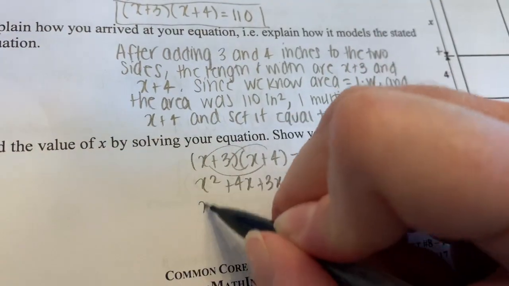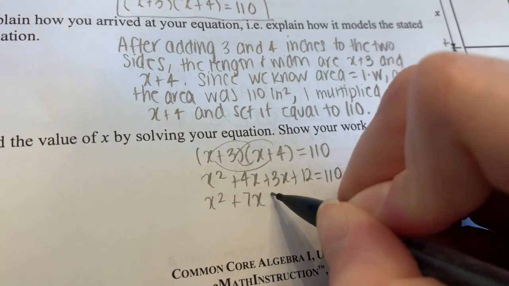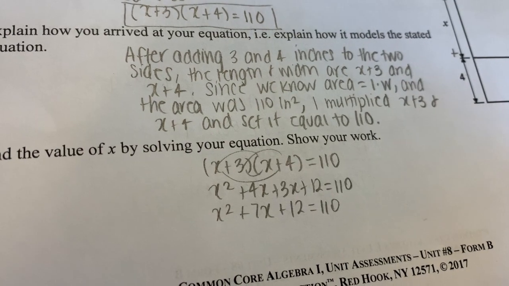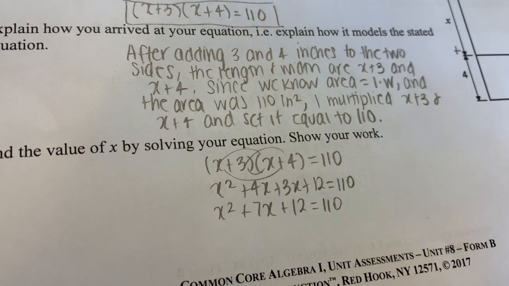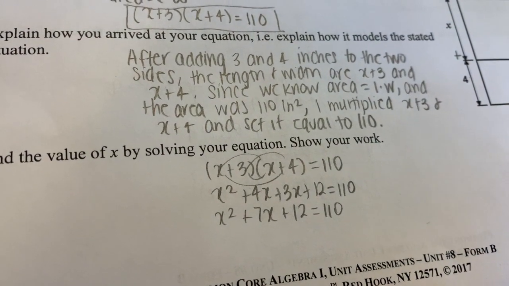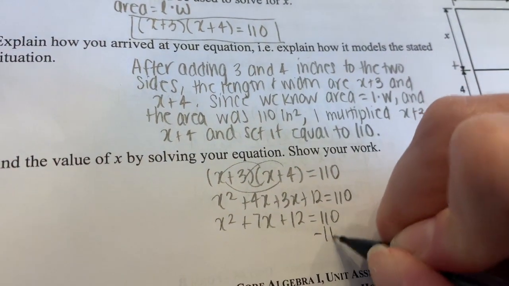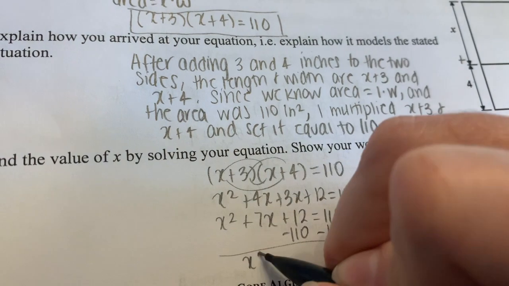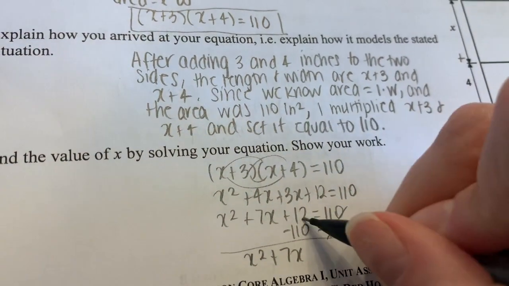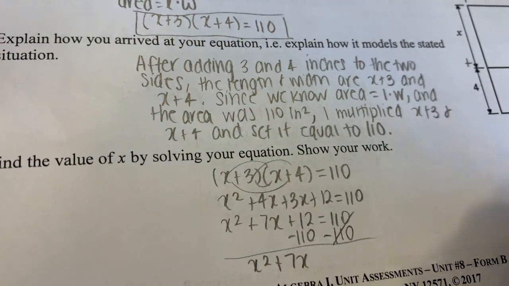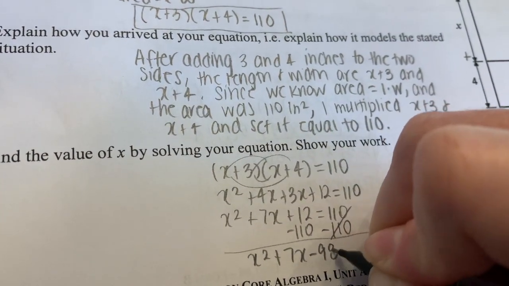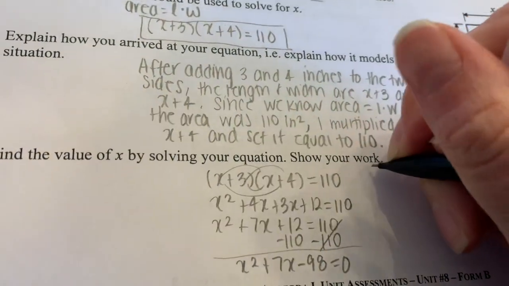And I'm going to combine my middle terms and get 7x. And let's subtract 110 from both sides so that I can get my equation equal to 0. This is going to give me negative 98 here, equals 0.